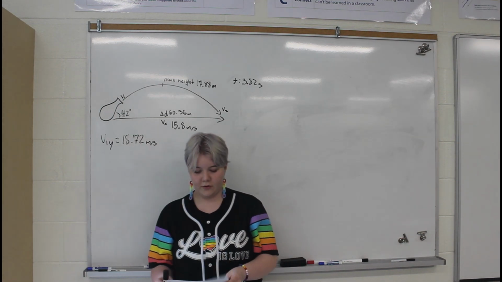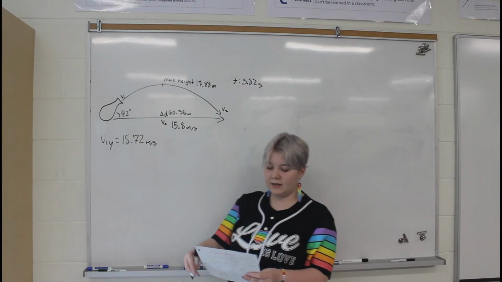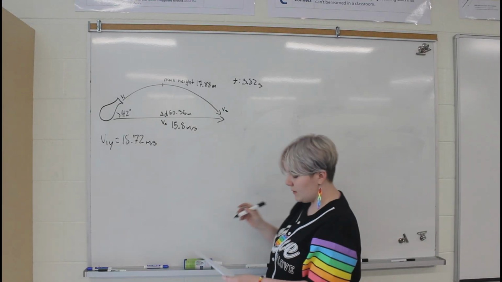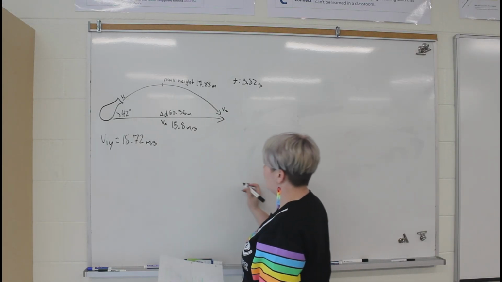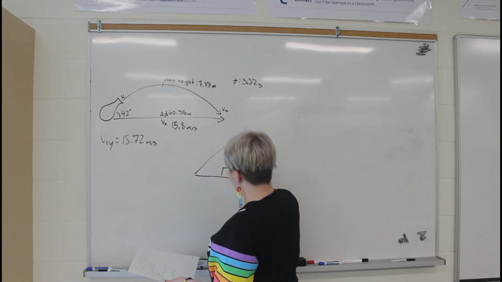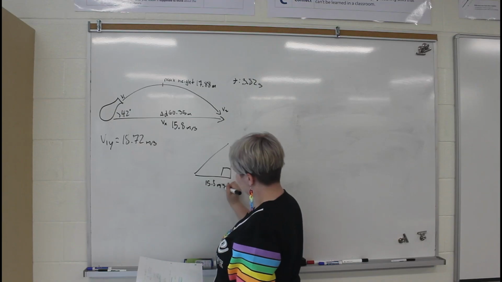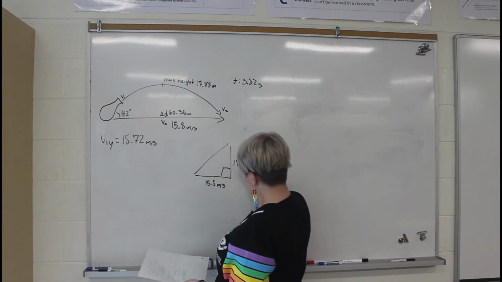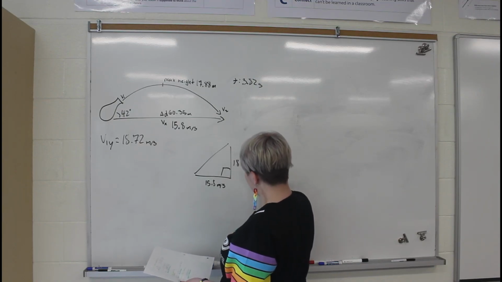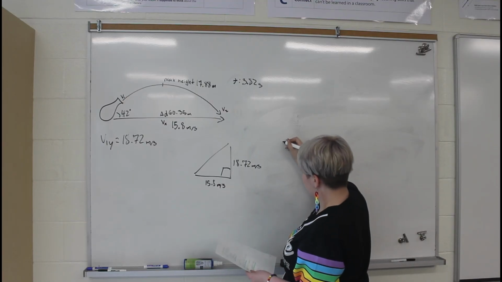Now we are solving for the total initial and total final velocities, which will be equal to one another. So we know the x and y components are 15.8 meters per second and 18.72 meters per second. Knowing that, we can use Pythagorean theorem.